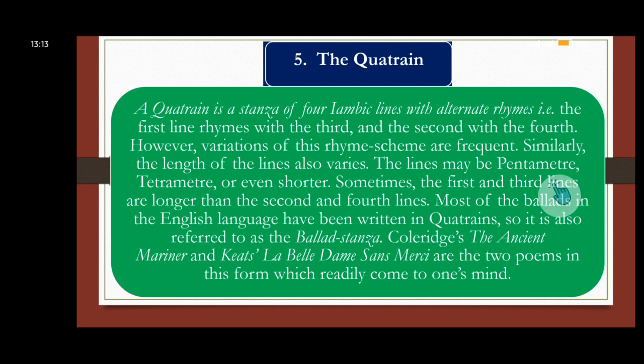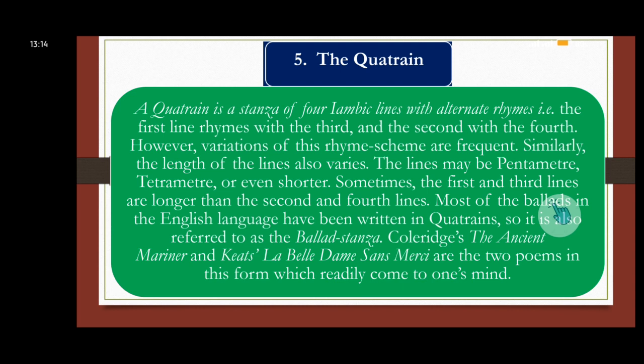Sometimes we will have variation in rhyming scheme, and sometimes we may have variation in structure or in the length of the stanza. So the line may be pentameter, tetrameter, or even shorter. This is okay when we talk about the length of lines. So a line in a quatrain may be tetrameter, pentameter, dimeter, or even monometer, right?